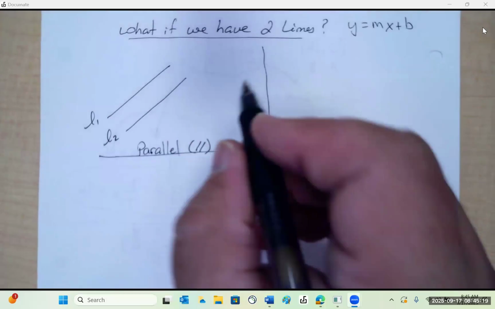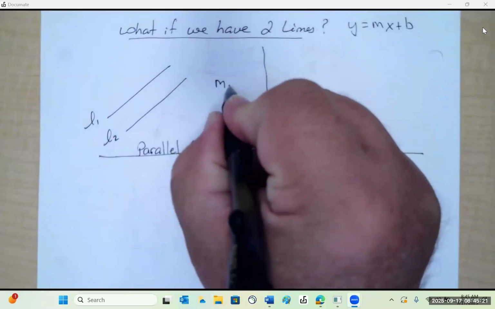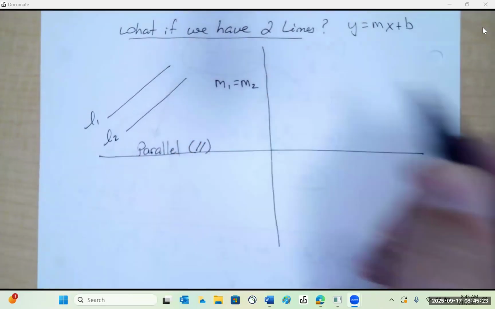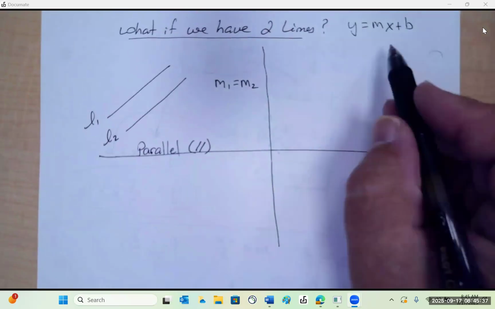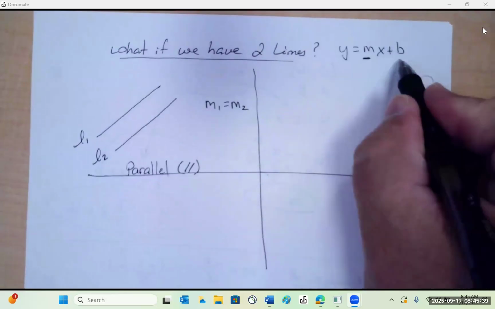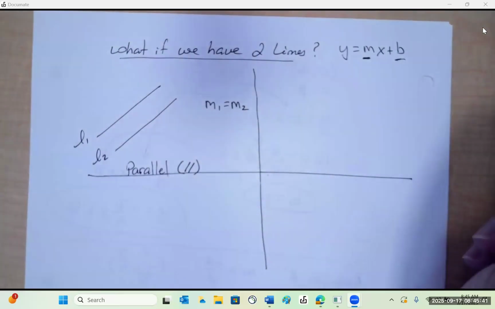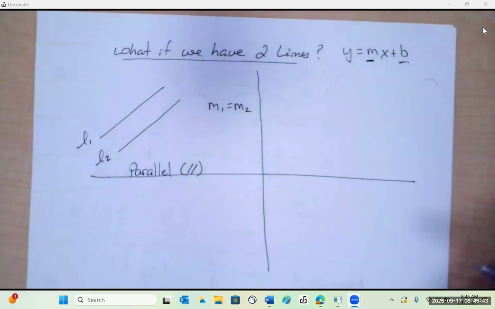If they're parallel, yes, we have to have the same slope. What else do we know about them? Look at the equation. We have two parts that we have to think about. If they have the same slope, what else can we think about?